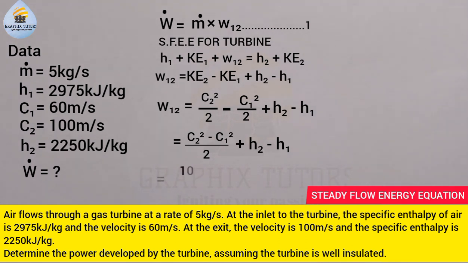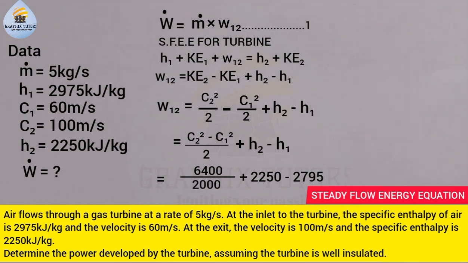C2 is 100, so that will be 100 squared, minus C1, which is 60 squared, all over 2 multiplied by 1000. Why am I putting 1000? Because the velocity on its own is in meters per second squared, while everything else is in kilo here. So we need to make the units uniform. Plus H2, which is 2250, minus H1, which is 2975. So 100 squared is 10,000 and 60 squared is 3600. 10,000 minus 3600 gives us 6400, all over 2 times 1000, which is 2000.